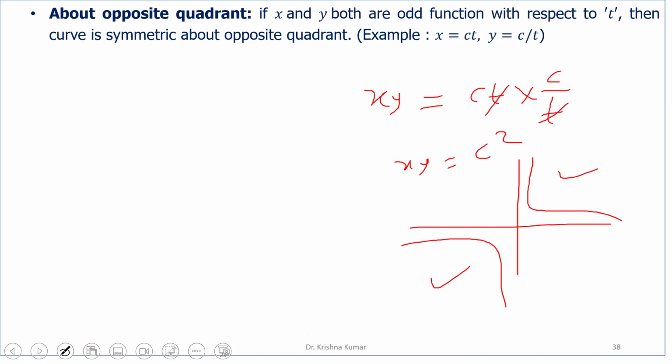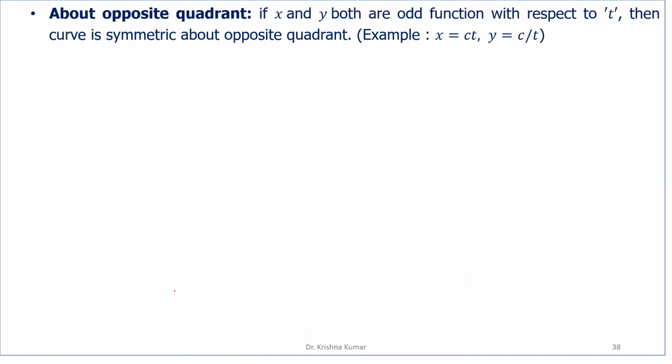So these are the three symmetries in case of a parametric curve. As we have already seen, there are 6 symmetries in case of Cartesian curves, but here we have only these 3 symmetries. Now the third point is the origin. How do we check whether the parametric curve passes through the origin?